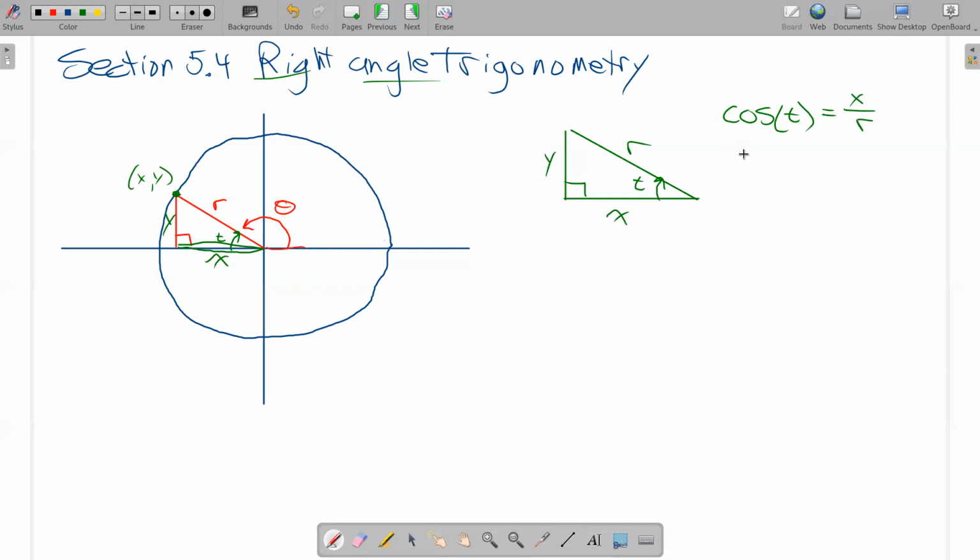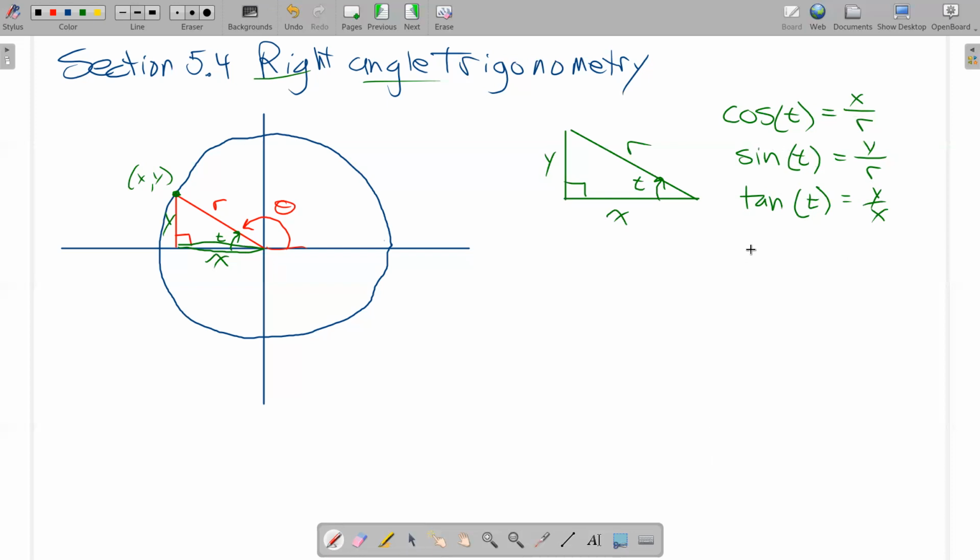And we know that the sine function takes that angle T and is going to turn it into the y value over the radius. And we have another special one called the tangent, and those are really the most important three. The other ones are just kind of useful sometimes. That is y divided by x.